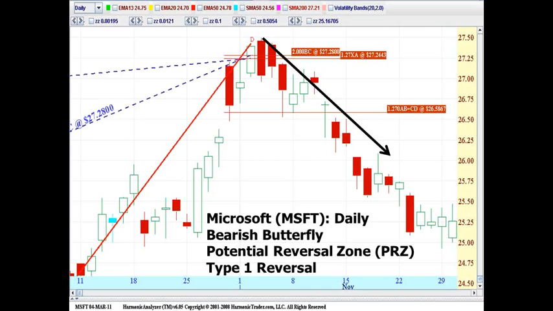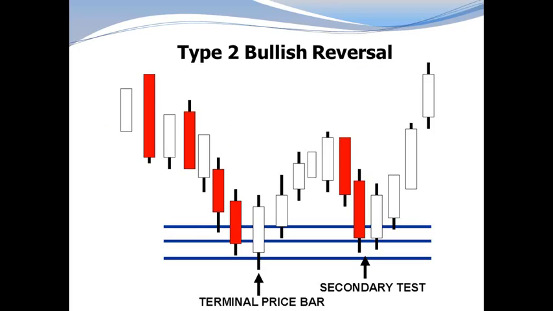The price action immediately following the terminal price bar reversed quickly and began to roll over. Now, this type of price action in the potential reversal zone should happen fairly quickly, where immediately following the pattern completion, we see that the trend begins to head down.